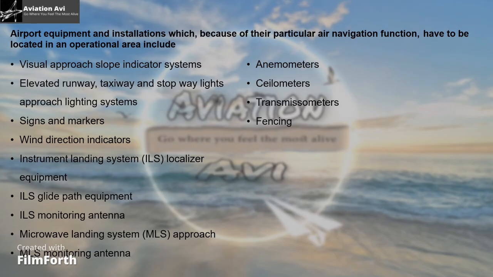Airport equipment and installations which, because of their particular air navigation function, have to be located in the operational area include: visual approach slope indicator system, elevated runway, taxiway and stopway lights, approach lighting system, signs and markers, wind direction indicators, instrument landing system, glide path, monitoring antenna, microwave landing system, antenna, anemometer, ceilometer, transmissometers, and some kind of fencing.